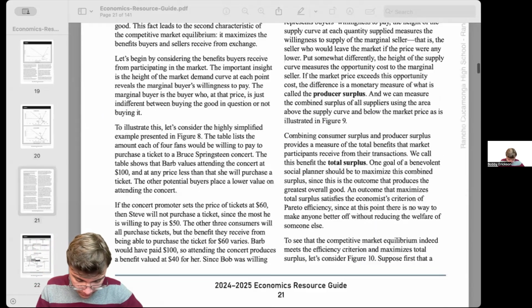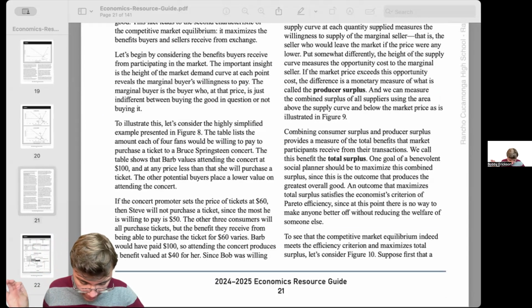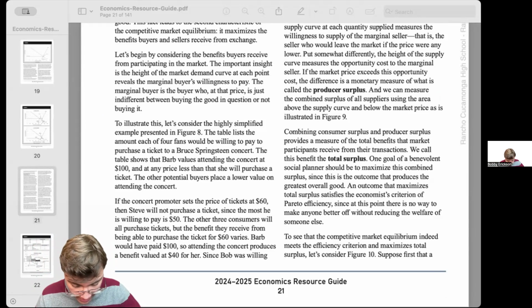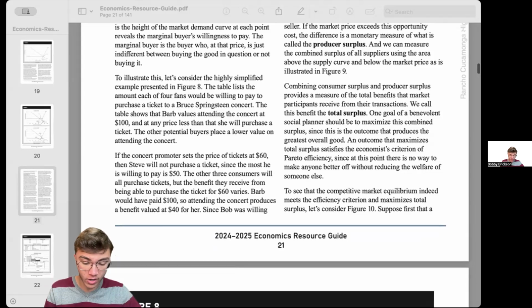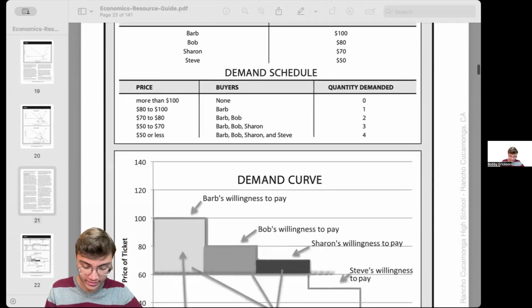So if we take a look here, there's an illustration here of figure 8, which we'll get to. Let's say that Barb is willing to spend $100, and she's also willing to buy a concert ticket at anything less than $100.